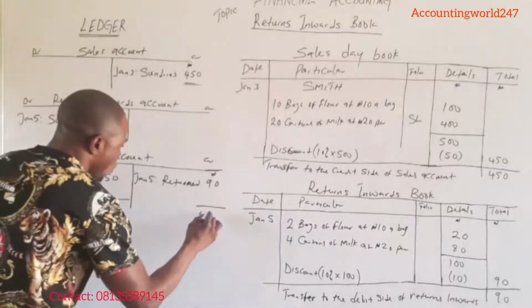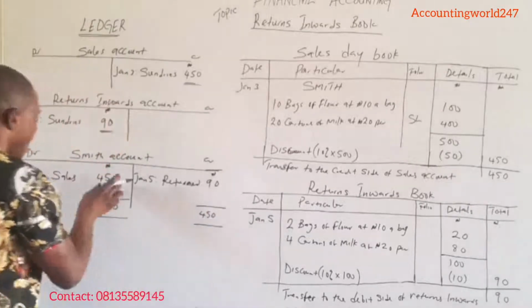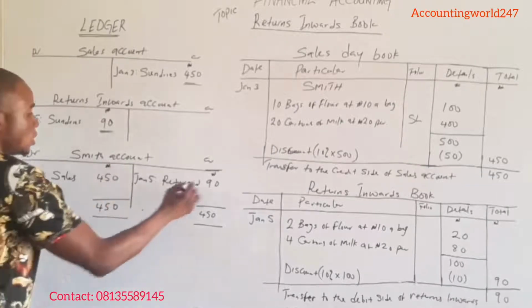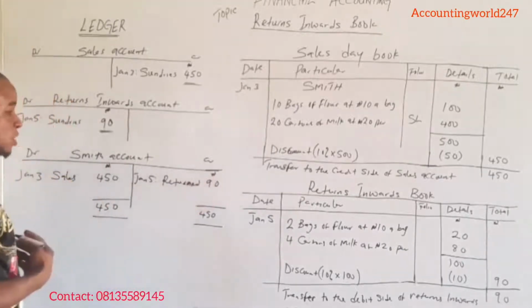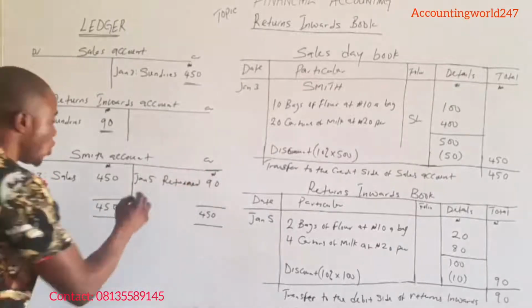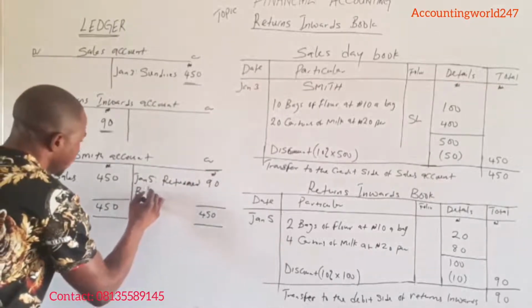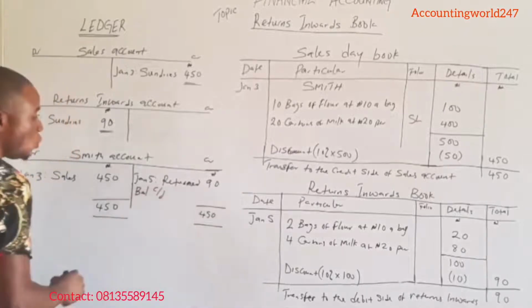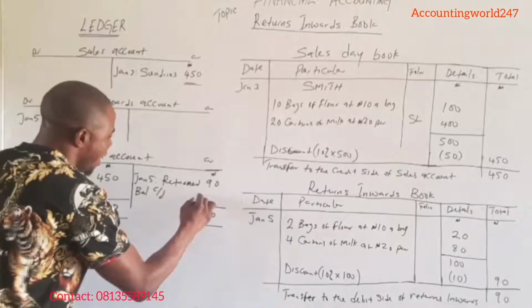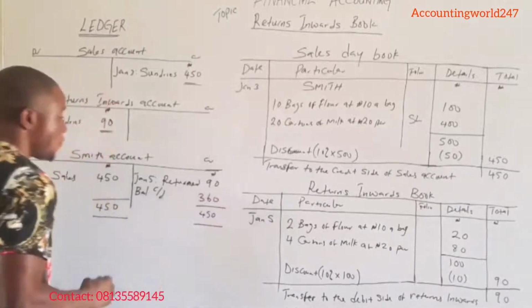Out of 450 naira owing now, he has returned 90 naira back to the business. So definitely what we are expecting from Smith now will be the balance carried down, which will be 450 minus 90, and then we are expecting 360 naira from Smith.